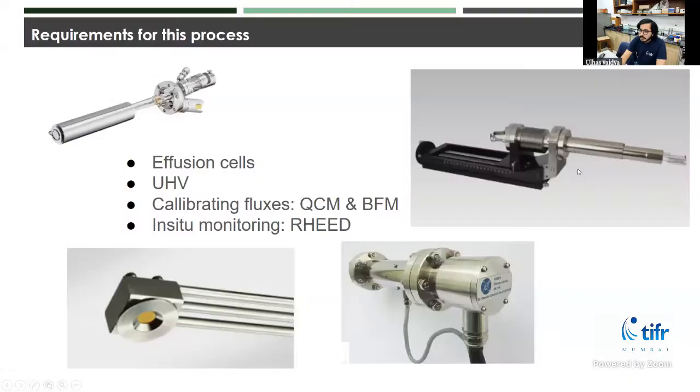As you have seen, this molecular beam epitaxy is a huge system and it has lots of different components, like an effusion cell, and we maintain ultra high vacuum. To calibrate the flux, we use a QCM, and to monitor the crystal growth, we also use electron diffraction.